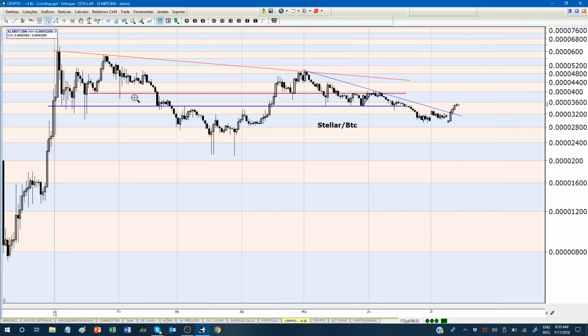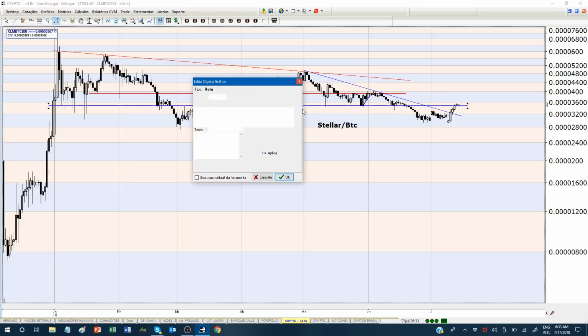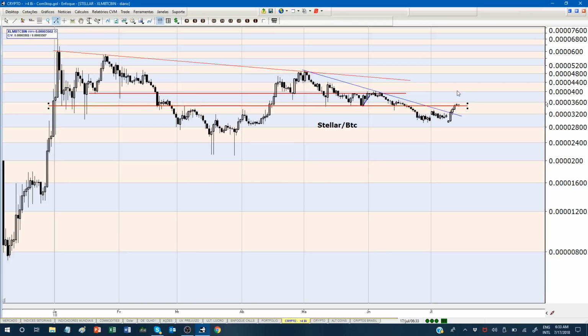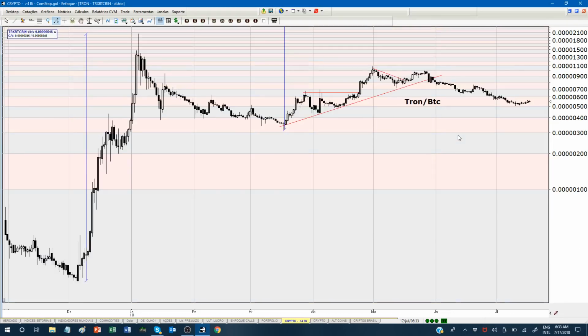But you see, we're in the sideways mid-term trend, and actually I must say that we're testing an important resistance level here, and if it breaks this resistance level, which I'm going to put in red, it might go to its next resistance level at 4,000 Satoshis, but well, no indications of a significant upward move.